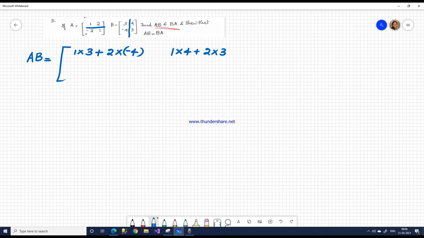Then taking this row, minus 2 into 3 plus 1 into minus 4. Then minus 2 into 4 plus 1 into 3.